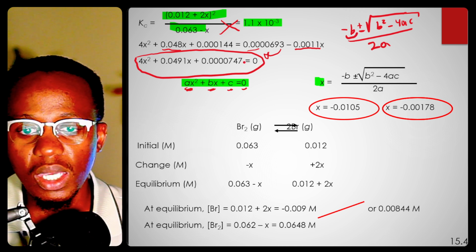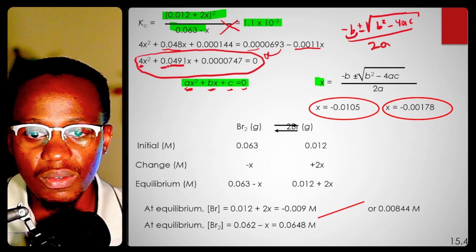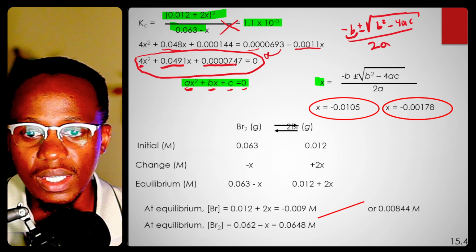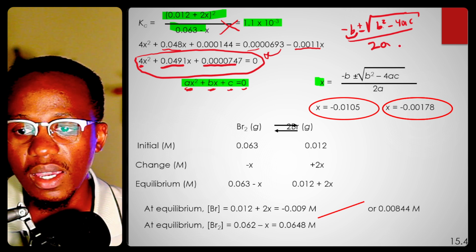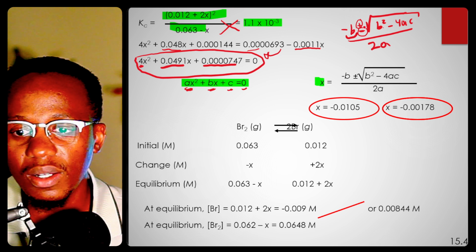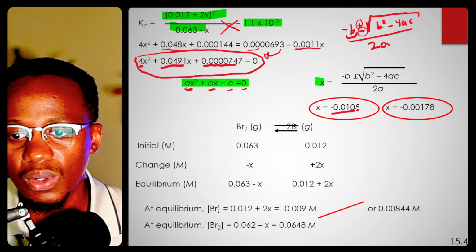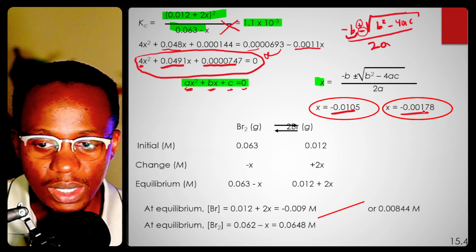Your b here is this. This is your a, your a is 4. B is this number. C is this number. So you substitute your a, b, and c here, with a plus number here and a negative number here, and it's going to give you 2 numbers.